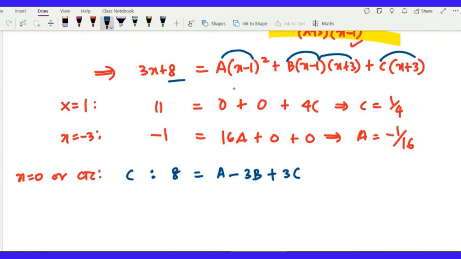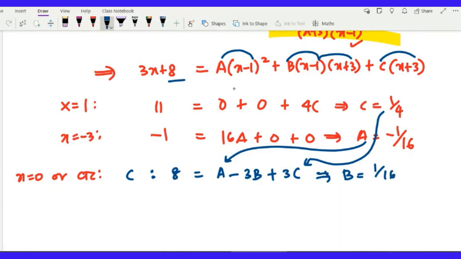A kena ganti masuk, C pun ganti masuk, kiralah B. Awak kira lah, saya tak ada calculator. Awak akan dapat 20B, B equals 1 over 16.